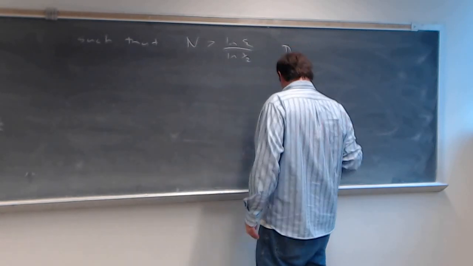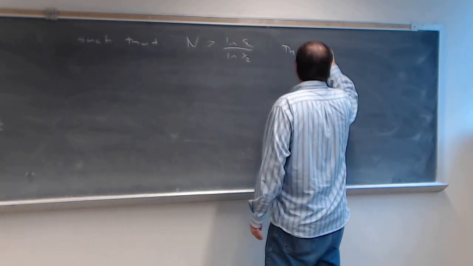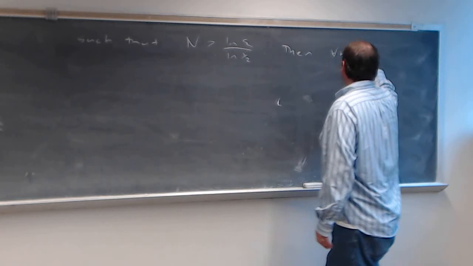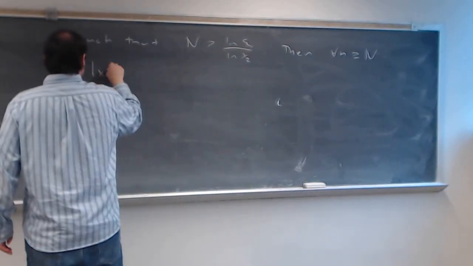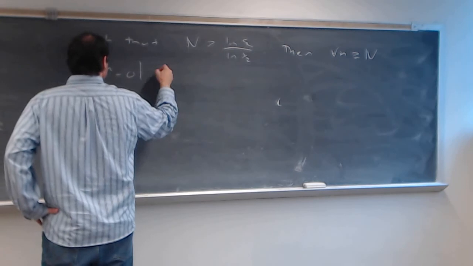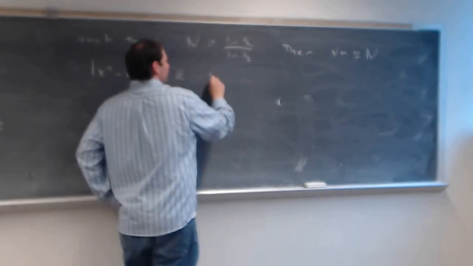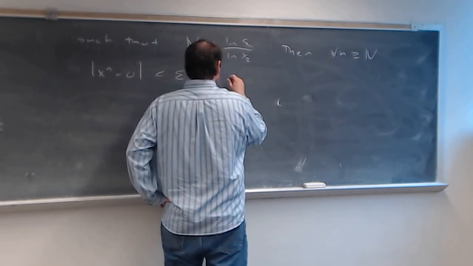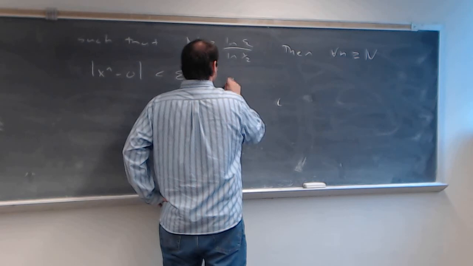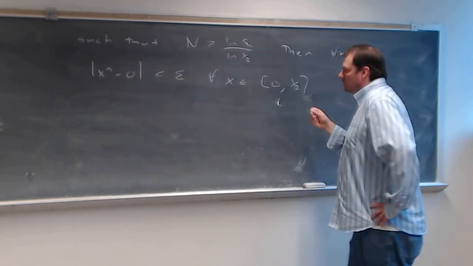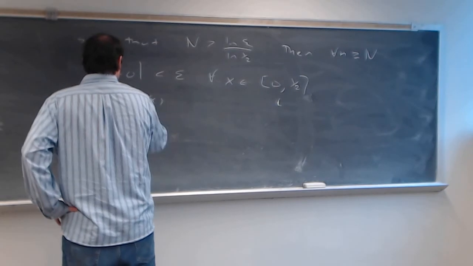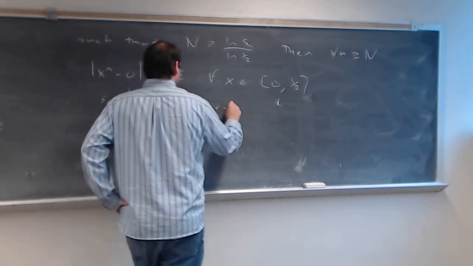Then, for all n bigger than that particular big N, we have the absolute value of x to the n minus 0 less than epsilon, and that's true for all x an element of 0 to 1/2. So, f sub n of x converges uniformly to 0.